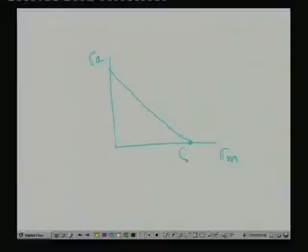In this case, you can understand the coordinate of this particular point should be sigma y, 0, because the Soderberg line is actually guarding against the yield criteria, and the other point is 0, comma, the endurance limit for the machine element.